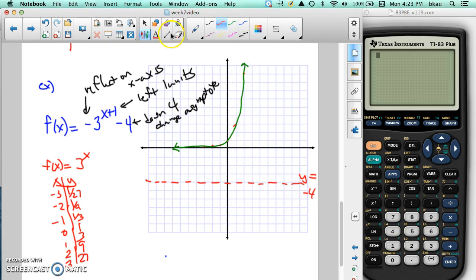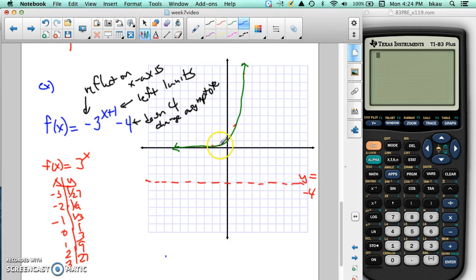Now I know it's going to be reflected. Oh, I'm sorry. Yes, it's going to be reflected, so it's going to go downward. I was correct. So we're not going to be able to graph on this graph. We're going to run out of room right away. So we're going to go left 1 unit and down 4 from each one of these points, and it's going to reflect. That means that point's going to change across the axis here.